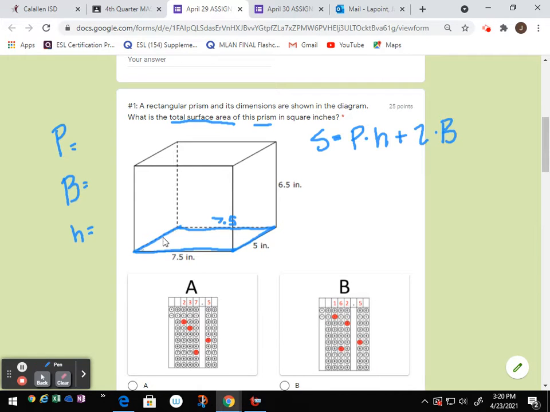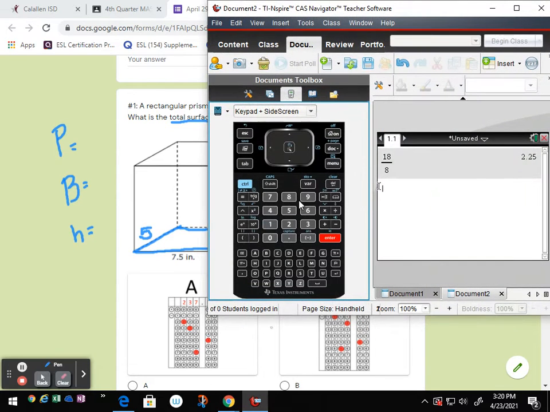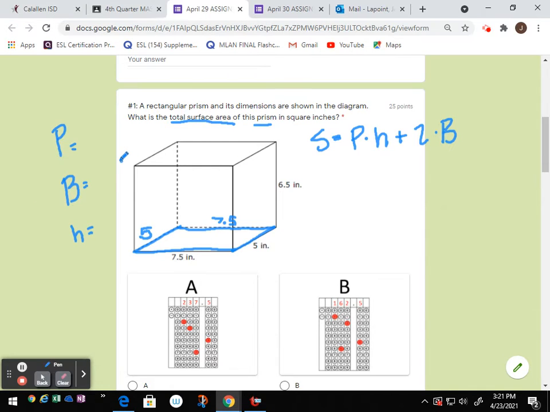The other side length is the same as this side length, so we have 5 over here. Okay, so 7.5 plus 7.5 plus 5 plus 5. Let's add all those up. 7.5 plus 7.5 plus 5 plus 5 will be equal to 25. Okay, so big P is equal to 25.